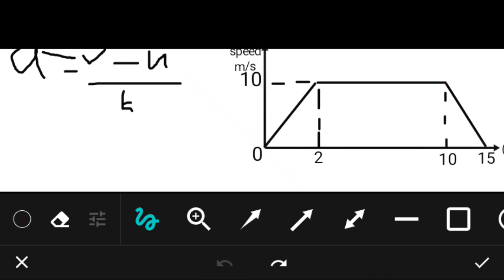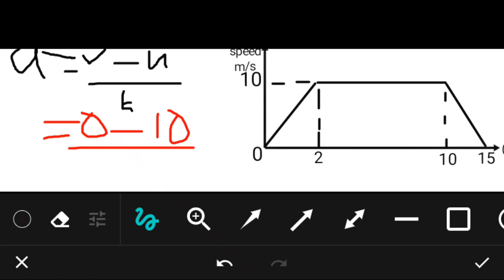Okay, so we can continue now. You say a equals the final velocity, we put 0 there, then minus the initial velocity. This object started retardating from 10 going down like that, so we put 10 there, over the time.